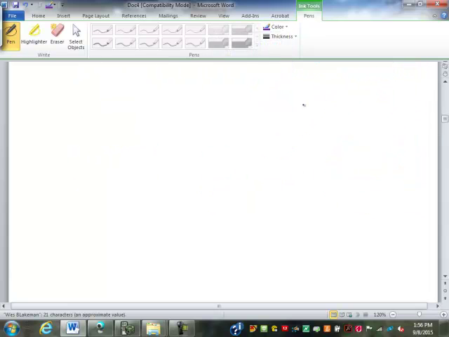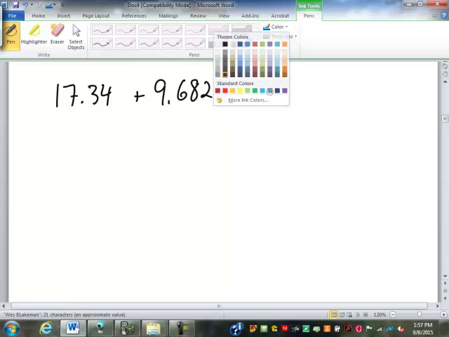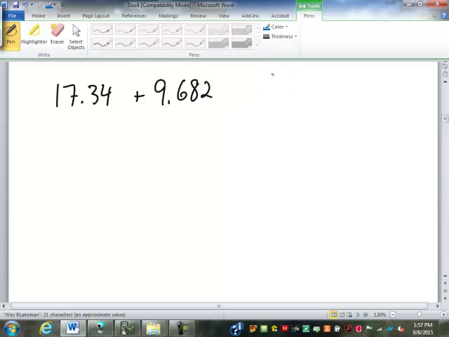Well, let's take a look at some of our operations with our decimals now. If I have 17.34 plus 9.682, what do I have to make sure I do when I go to add these? Line up the decimals. That's been pounded into you since about 3rd or 4th grade.